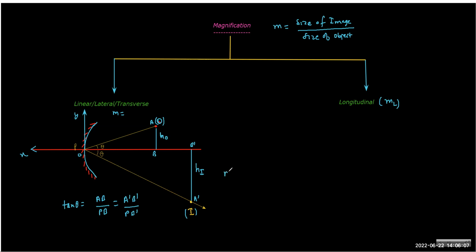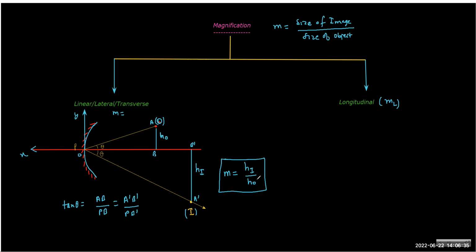So what is M here, by the way? M will be size, meaning A dash B dash upon AB. That's it. Basically, you can write it as height of image upon height of object. This is called magnification by definition.